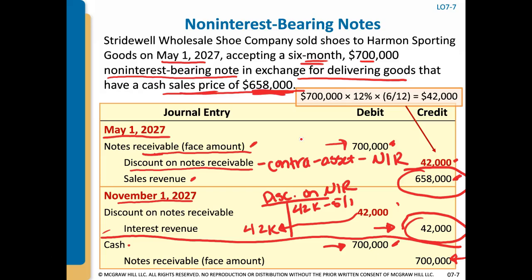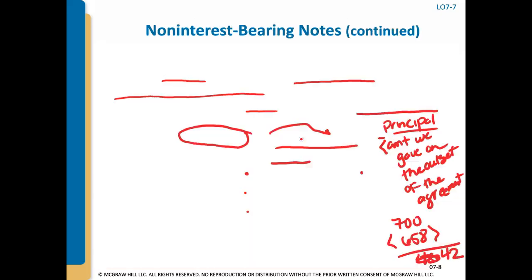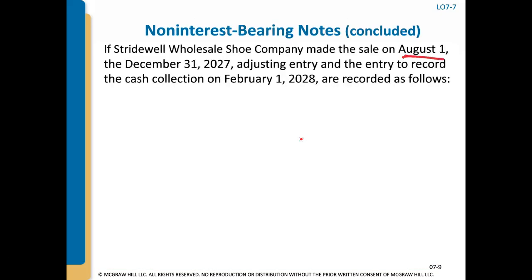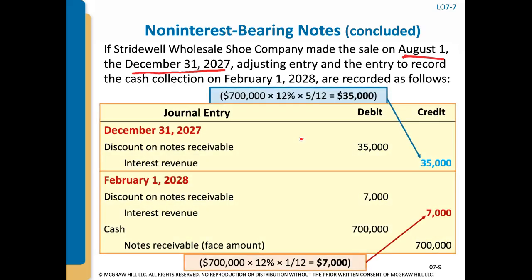We're going to record sales revenue of 658, and we're going to record this credit, this contra asset for discount on notes receivable. That's the same entry that happens on August 1st.